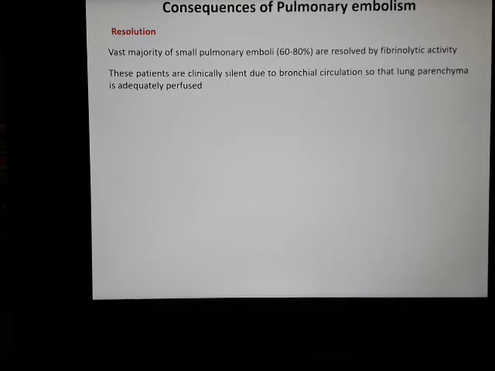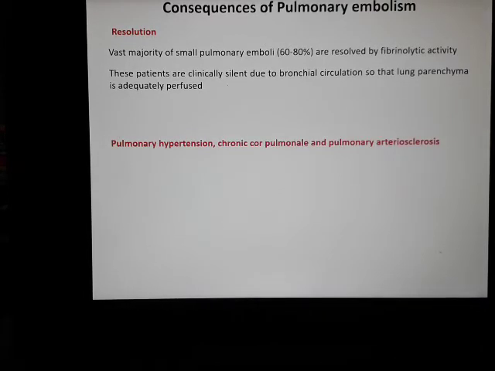But these patients are clinically silent because there is also bronchial circulation which also supplies blood to the lung parenchyma. So if there is obstruction to the pulmonary circulation, the lung parenchyma is adequately perfused by the bronchial circulation. So these patients are clinically silent.